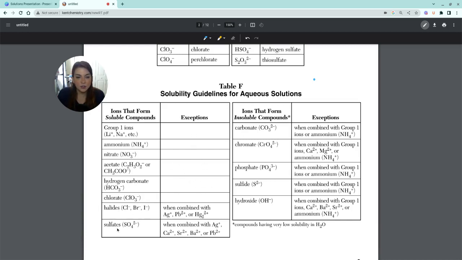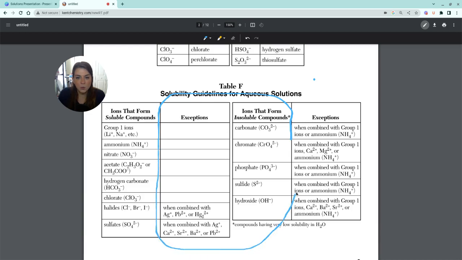Notice that there are no exceptions in that section. The halides and the sulfates like to dissolve, but they won't if they are combined with these particular ions. On the right side, or the right table, we have things that don't like to dissolve unless they're bonded to these things, in which case they will dissolve. So in the years that I was teaching in New York State, I would have my students circle these inner 2 columns.